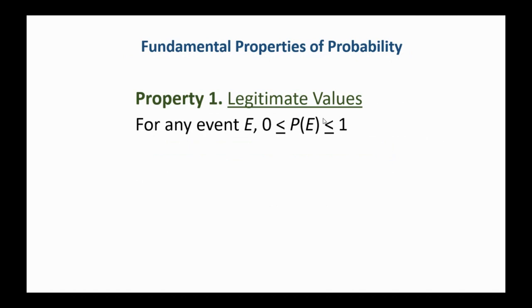If we have an event, the probability must be between 0 and 1. It can be 0 and it can be 1, but it's got to be in that range. You can't have a negative 33% chance of rain or a 150% chance of rain. It's got to be between 0 and 1.